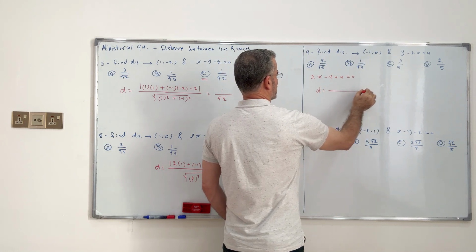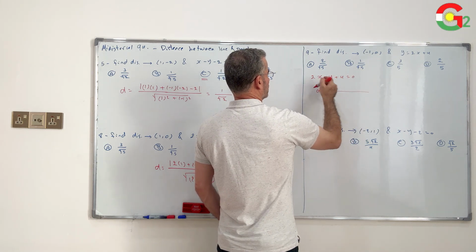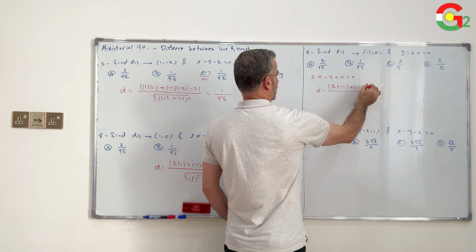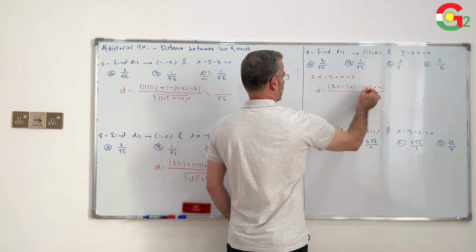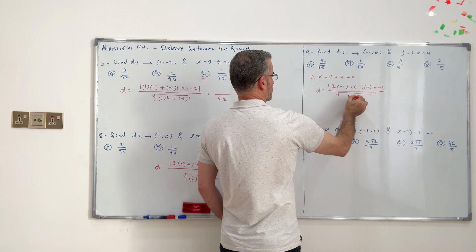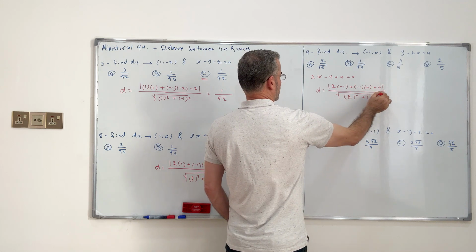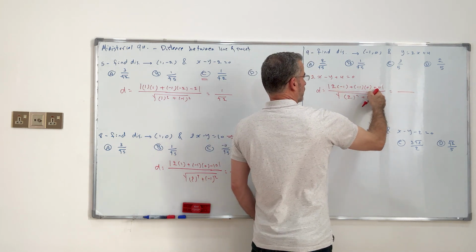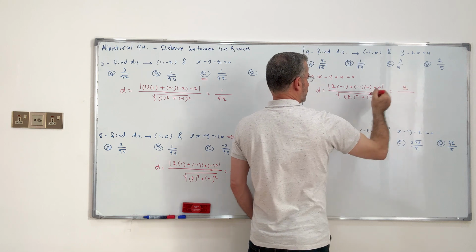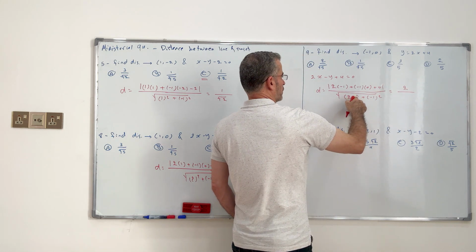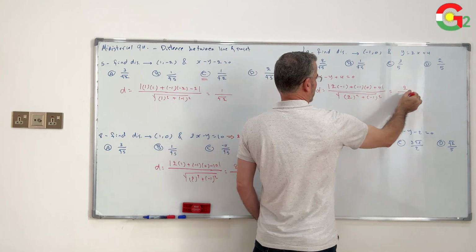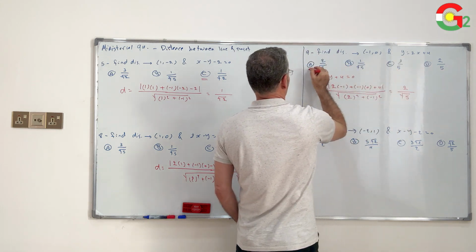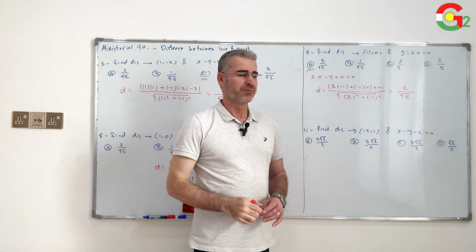The distance is the absolute value of 2 times negative 1 plus negative 1 times 0 plus 4, over the square root of 2 squared plus negative 1 squared, equal to negative 2 plus 4, which is 2, over the square root of 4 plus 1, the square root of 5. So 2 over square root 5, choice A.